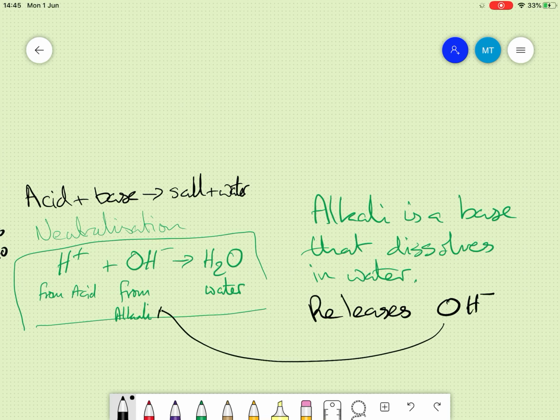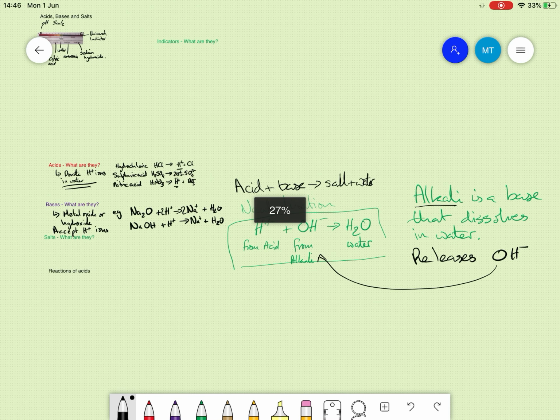So there you go, that's where we saw it. An alkali is a base that dissolves in water and releases or donates OH minus ions. Lots of people get very confused by acids and bases and alkalis because they're sometimes used interchangeably, but they are slightly different.